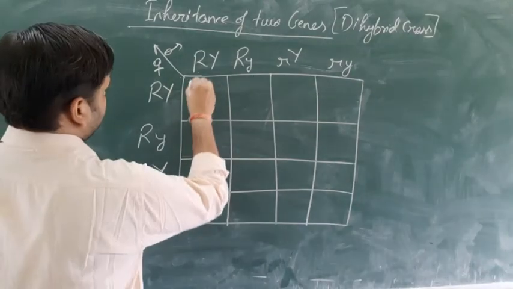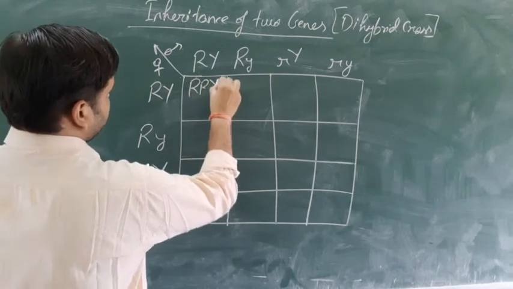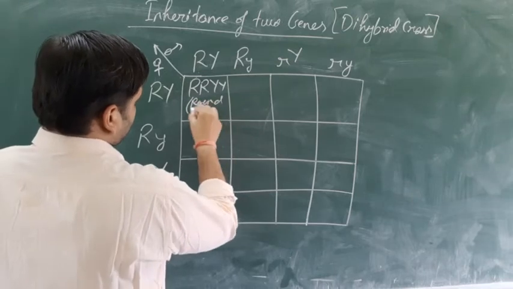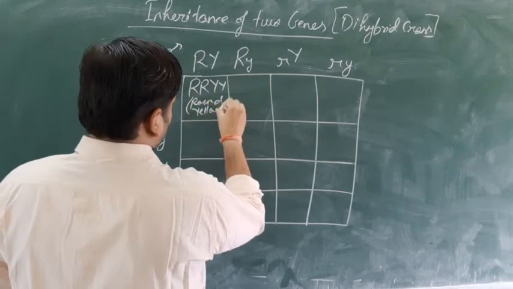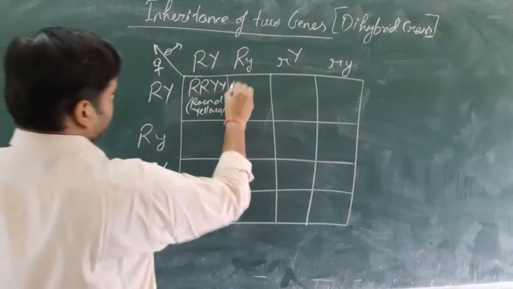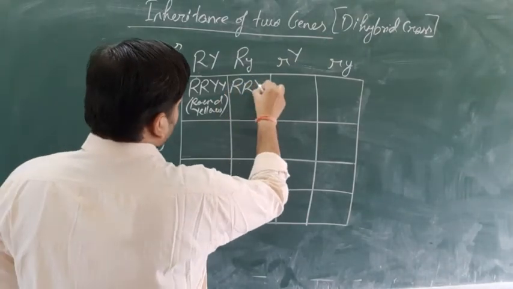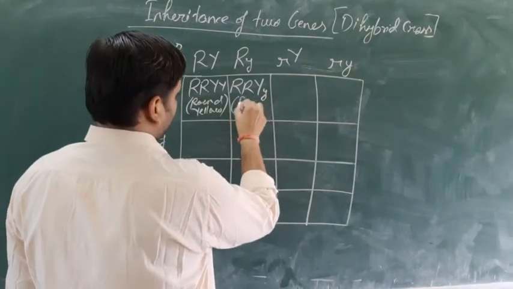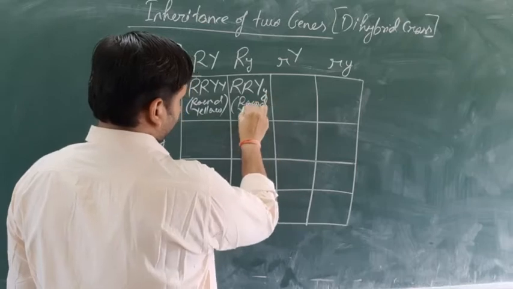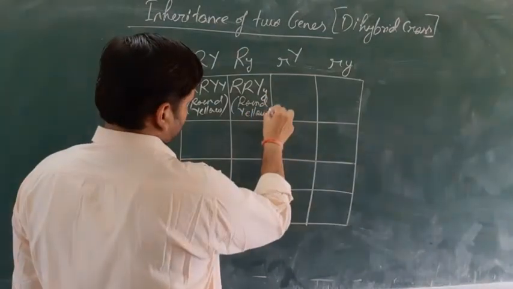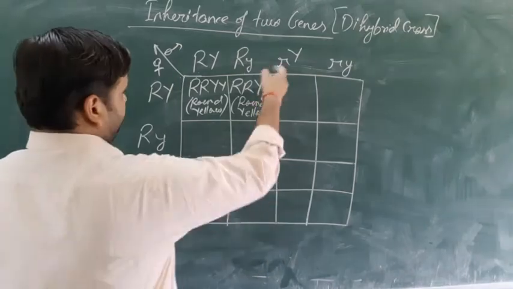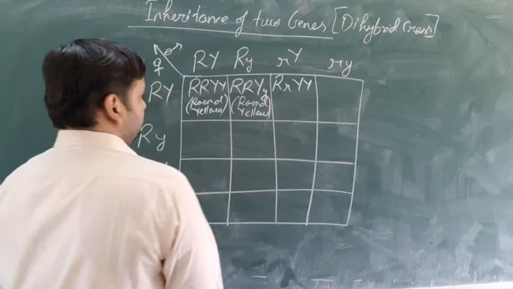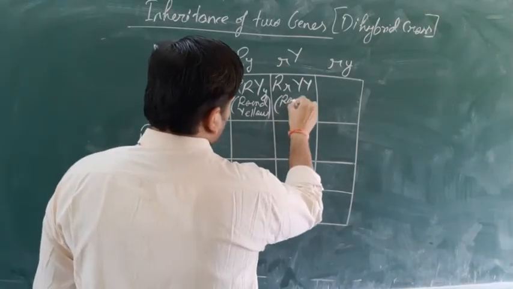Then capital R capital R capital Y capital Y. So it will be round yellow. Here capital R capital R capital Y small y. This will be again round yellow. Here you can see capital R small r capital Y capital Y. Here also the phenotype will be the same, round yellow.